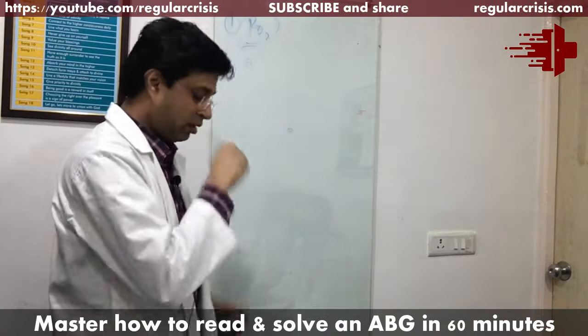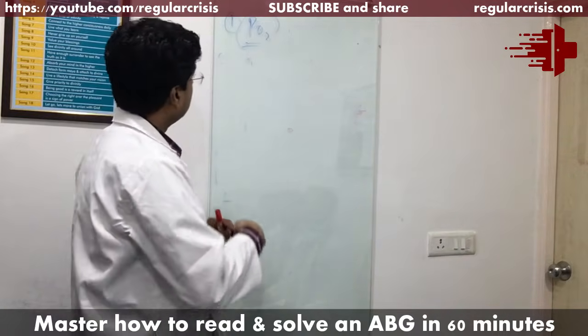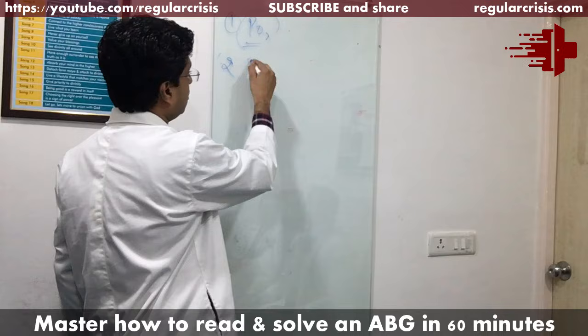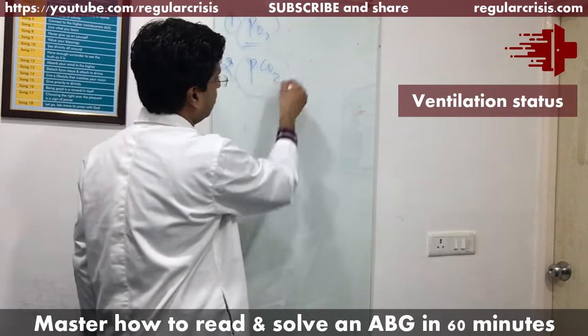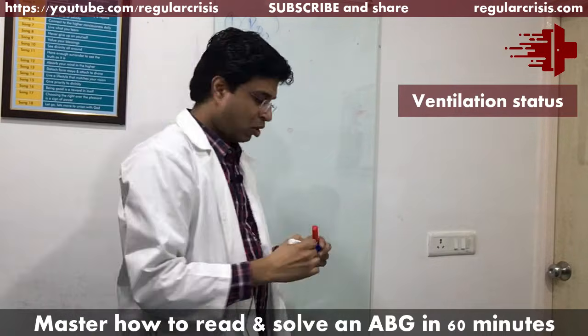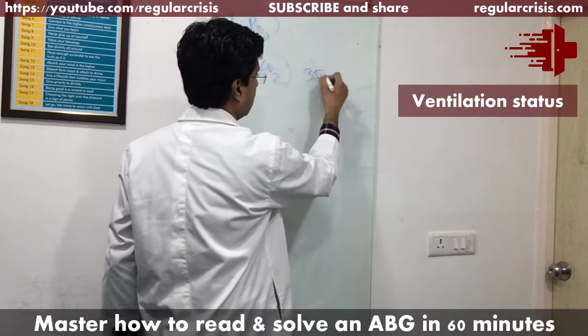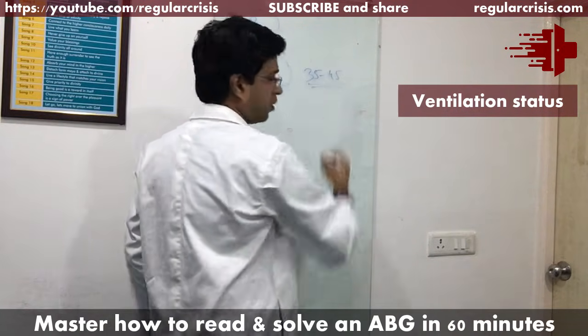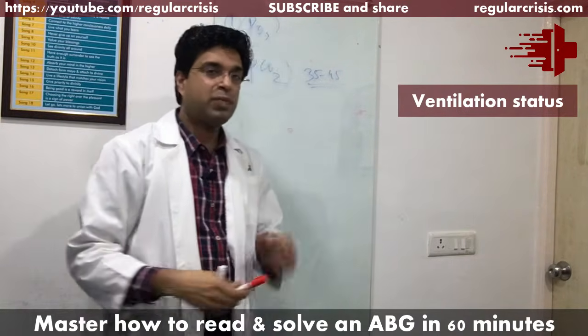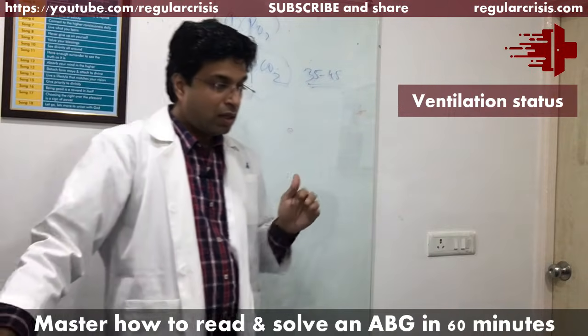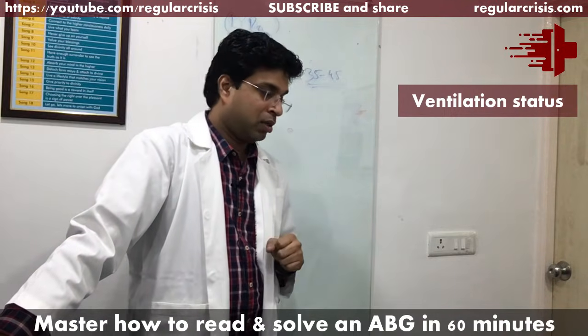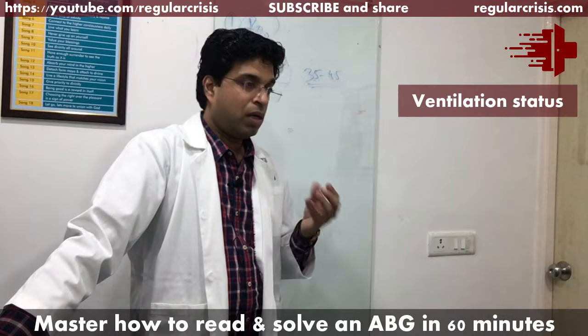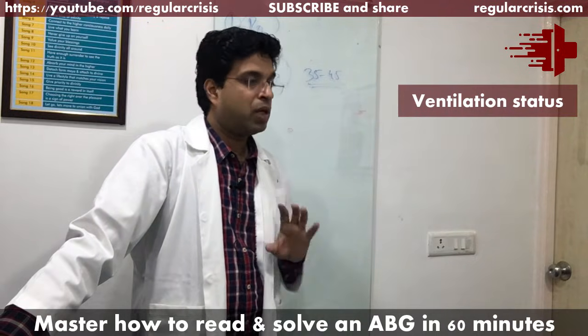Second parameter you should see is PCO2 level. It is very simple. Normal PCO2 level is 35 to 45. Basically, what is PCO2 showing in your patient? You can put an oxygen mask and the PO2 levels increase.